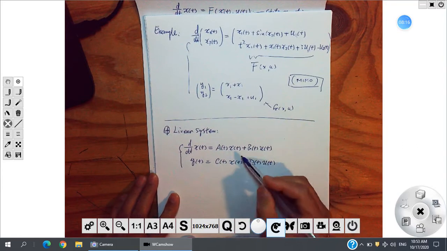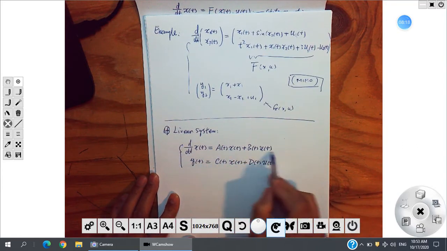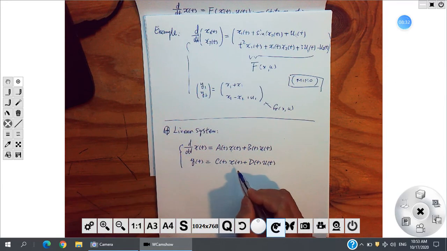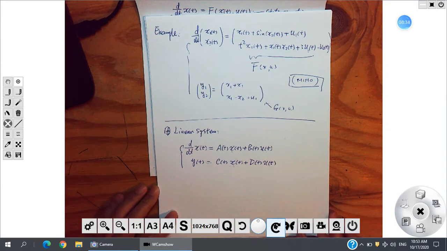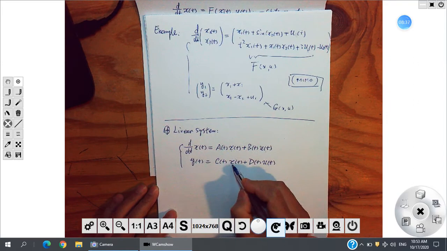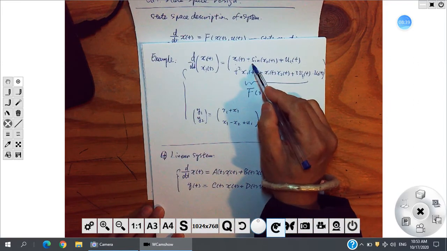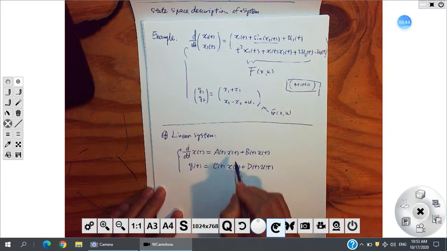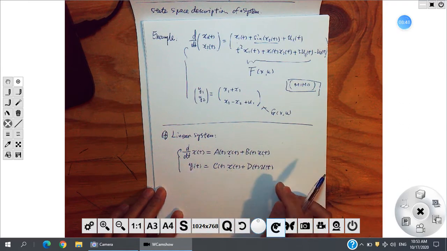Here you see on this side we have x and u just at first order, not zero order, which would be constant, and not higher order like a square. Of course we also do not have functions like sine of t or cosine of t, like here I have sine of x2. We only have x and u. So this is linear.